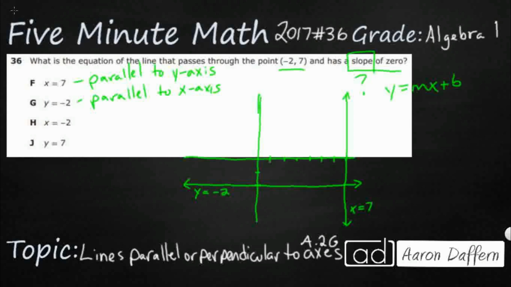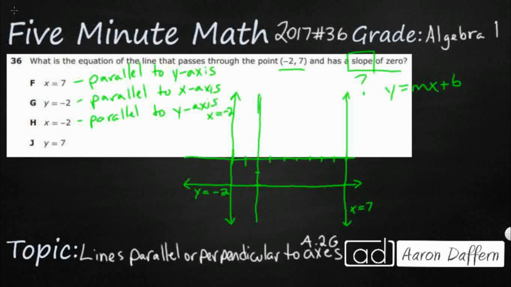x equals -2, so I'll put this right here. That's -1, -2. So this is going to be another vertical line. If my x is equal to -2, it's another vertical line that is parallel to my y-axis. Let's label this as parallel to the y-axis.